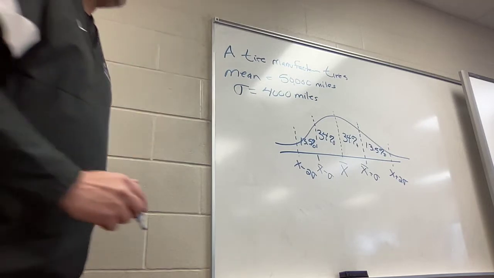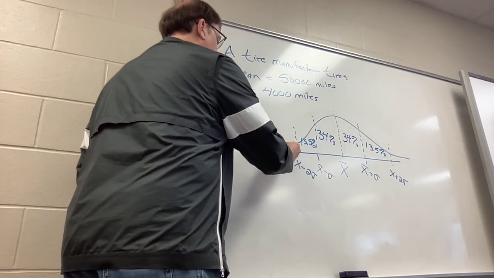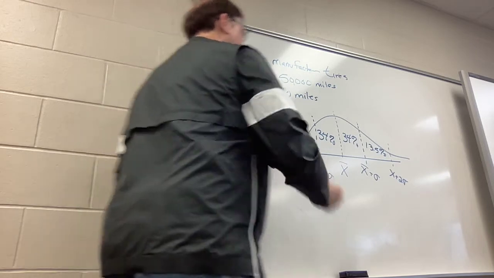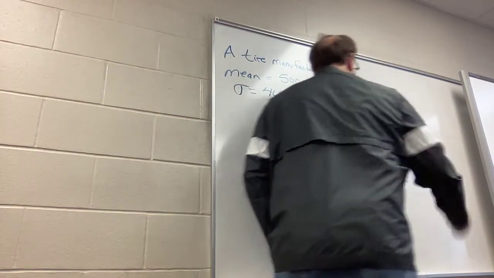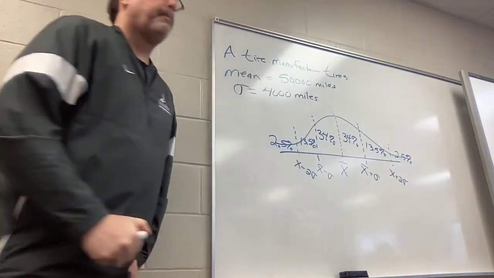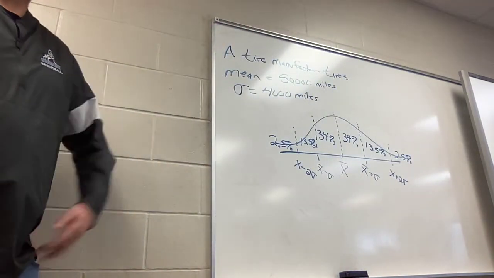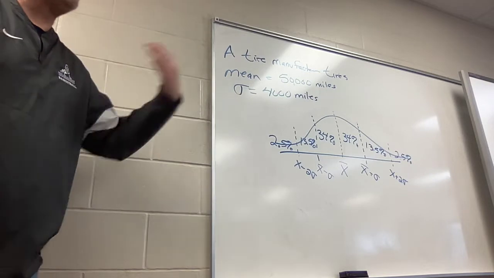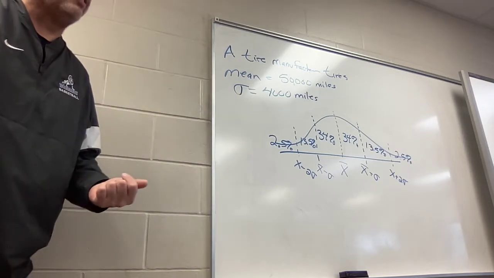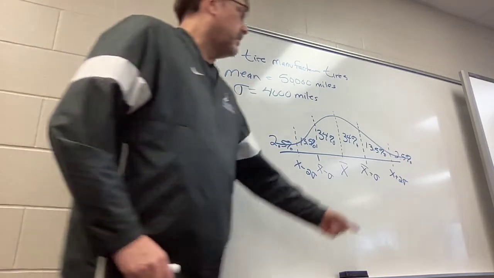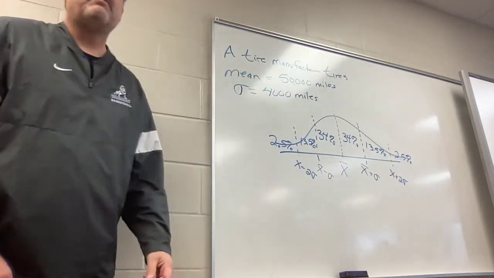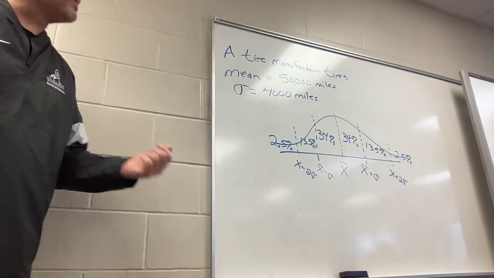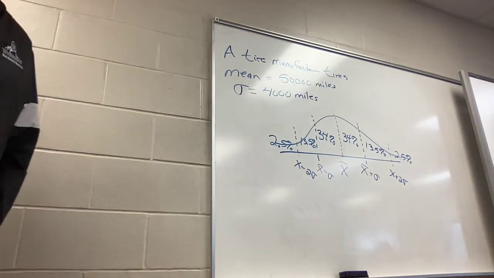And assuming I did my math correctly, we're going to have 2.5% way out here and 2.5% way out here. Meaning in basic terms, only 2.5% of these are going to last a long time, and only 2.5% are going to last much less of a time.